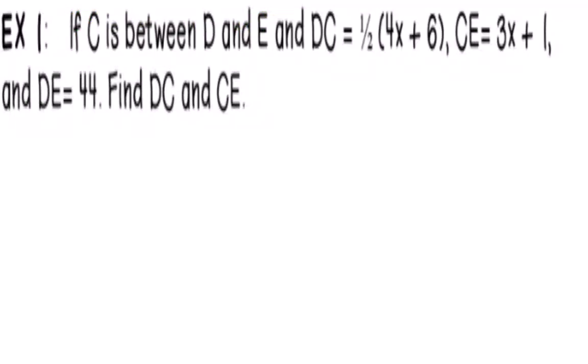So example 1, if C is between D and E. So as soon as you get that, we're going to draw a picture. So C is in between D and E. Notice it's not always alphabetical, so don't just line them up alphabetically. And DC is 1/2 times 4x plus 6.